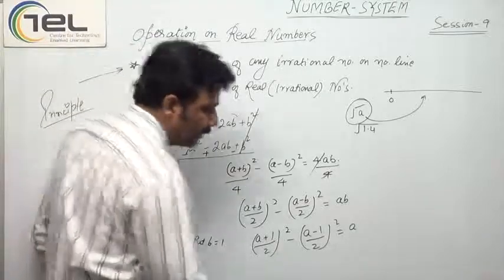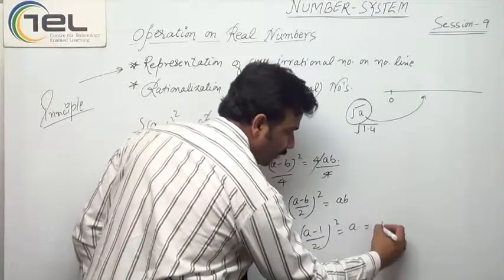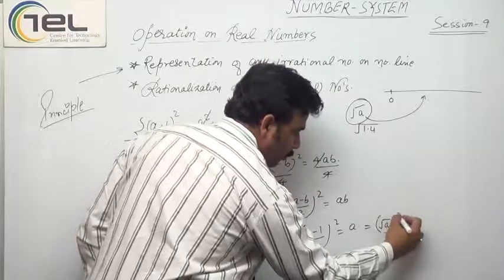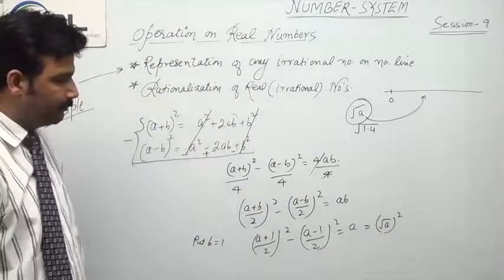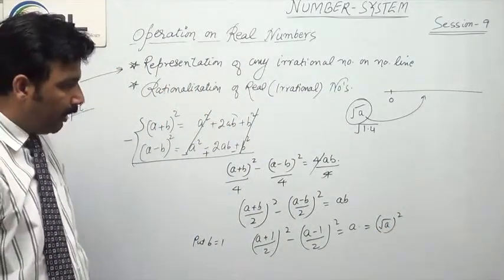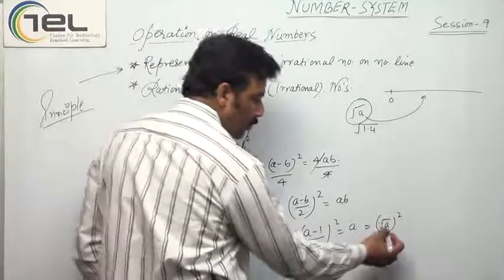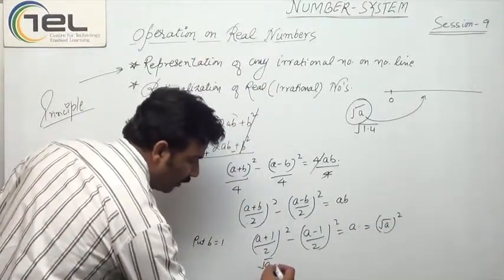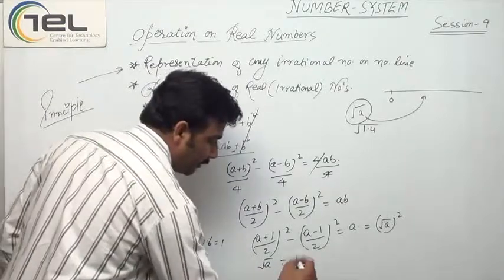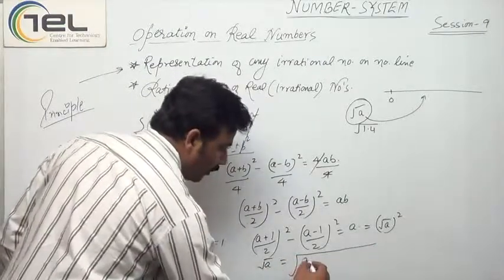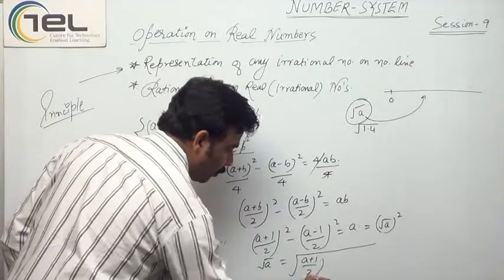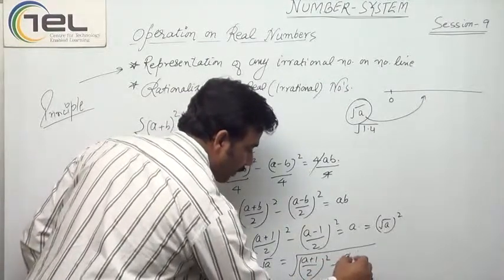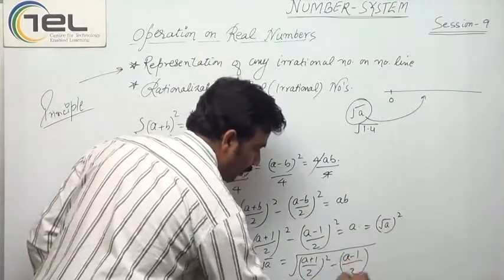Or can I write it like this, square root of a whole square? And what is this? Square root of a is. With this, square root of a can be written as the square root of (a plus 1) by 2 whole square minus (a minus 1) by 2 whole square.